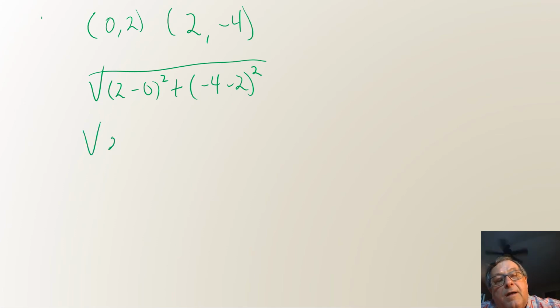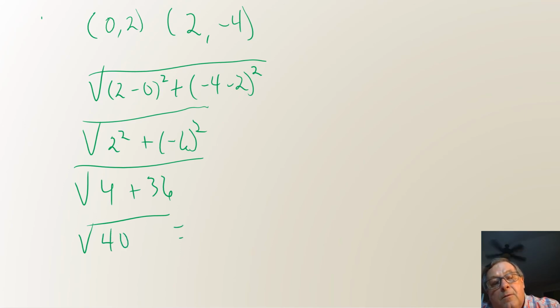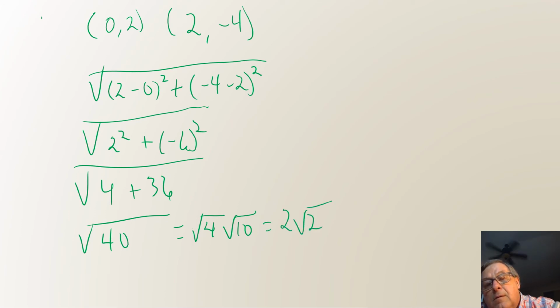Let's see, and then that gives us 2 squared plus, we got negative 4 minus 2, which is negative 6. That's going to be squared. And that's going to give us 4 plus negative 6 squared is 36. And 4 and 36 is 40, which we could actually reduce to the square root of 4 times the square root of 10, which is equal to 2 square root of 10.